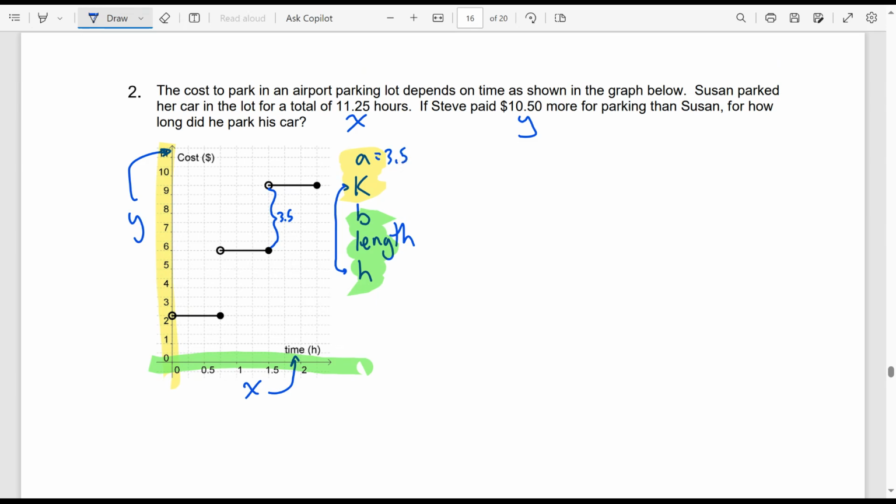Now, in terms of identifying what our K value is in this case, we could choose this point here. This is the vertex. Any one of them is fine, to be honest with you. I'm just going to stick with this middle one because I've already been working in that area.